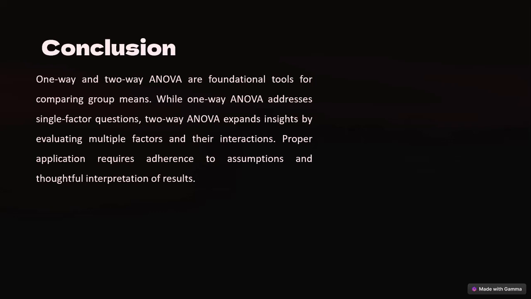Their interaction is dependency, so the effect of treatment depending on another factor. A proper application of ANOVA has to adhere to the assumptions and thoughtful interpretation of results. So in a situation where one or two of the assumptions are met and others are not met, then an alternative to ANOVA should be considered for the analysis.